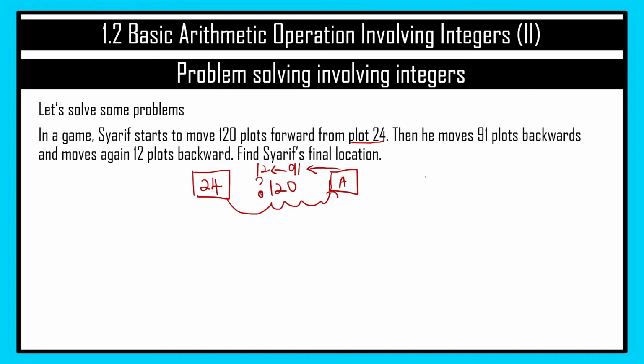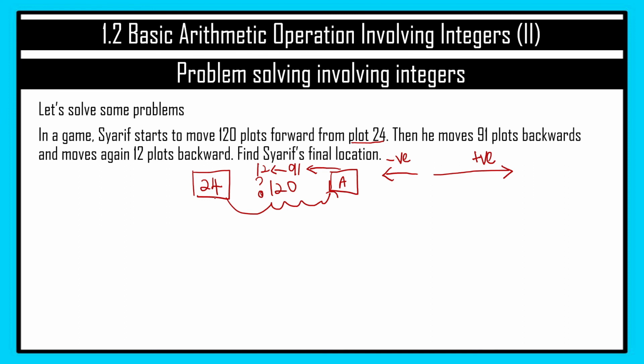Remember when we learned our number line that if it moves to the right, which is forward, it is a positive number. And when it moves to the back, it becomes a negative number. So we are going to change all those steps, the plots, into positive and negative numbers. Now it starts at 24.